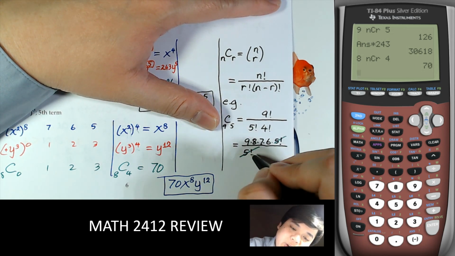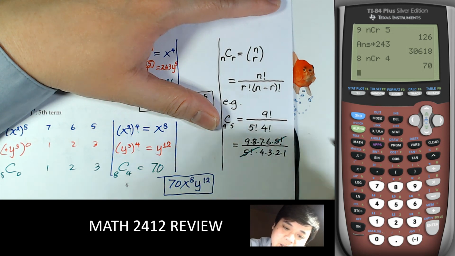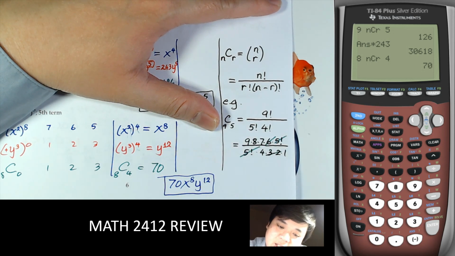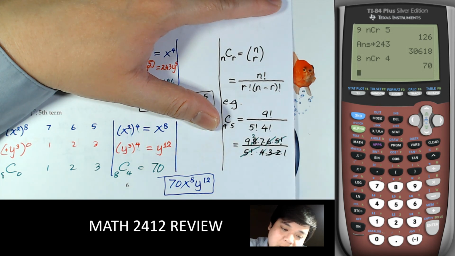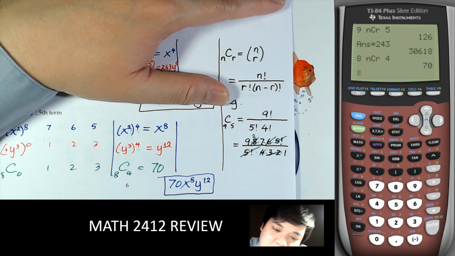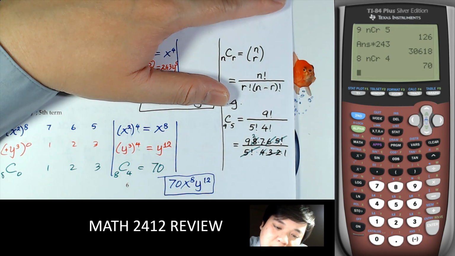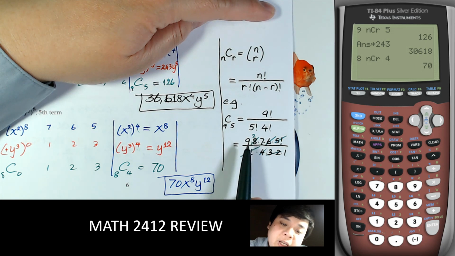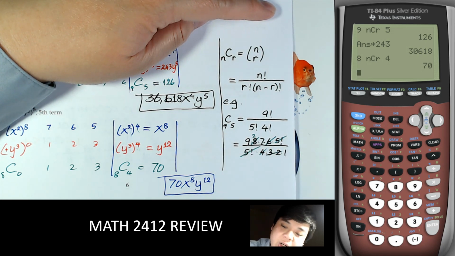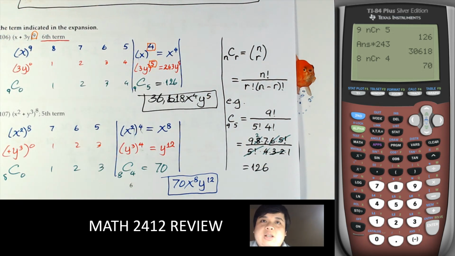And then 4 factorial is 4, 3, 2, 1. 3 and 2, that's 6, and 4 cancels out, so that's 2. So we have 9 times 7 times 2. 9 times 7 is 63, times 2 is 126, which is of course that 126.